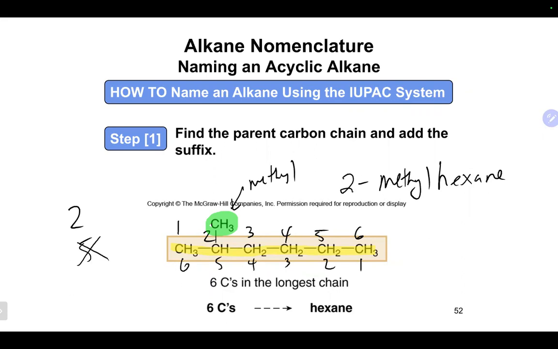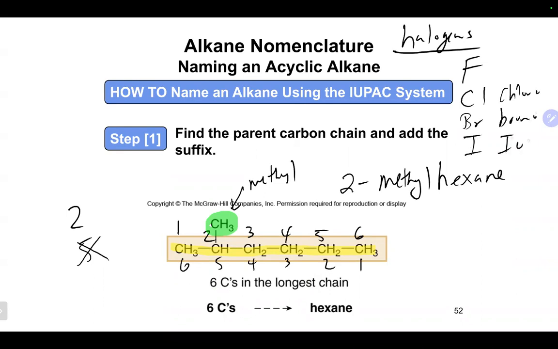Now, not all groups do have to be or will be carbon-based. Halogens are oftentimes involved in organic chemistry. So our halogens, which is our group 7, F is fluoro, Cl is chloro, Br is bromo, I is iodo.